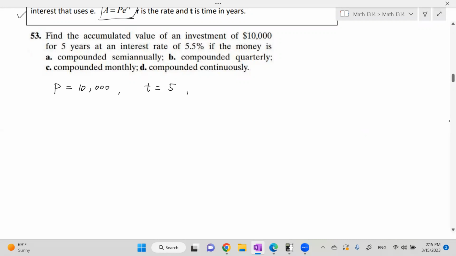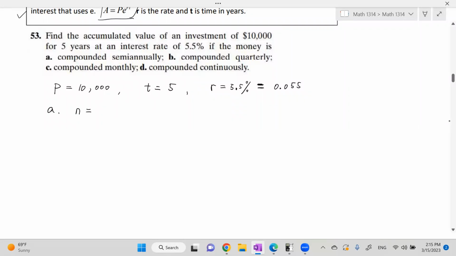You cannot put several months in the T part. And the rate is 5.5%. I can convert it to a decimal by moving the decimal point to the left 2 places: 0.055.